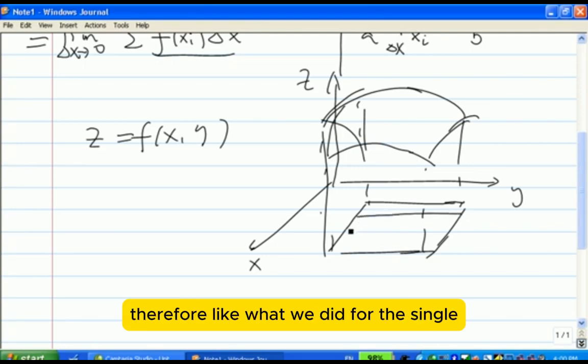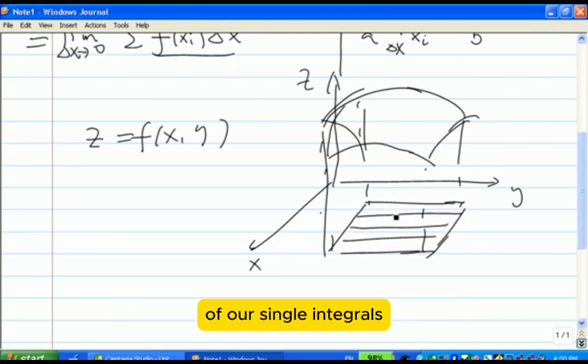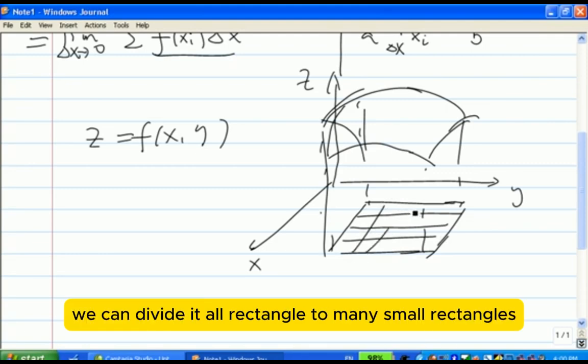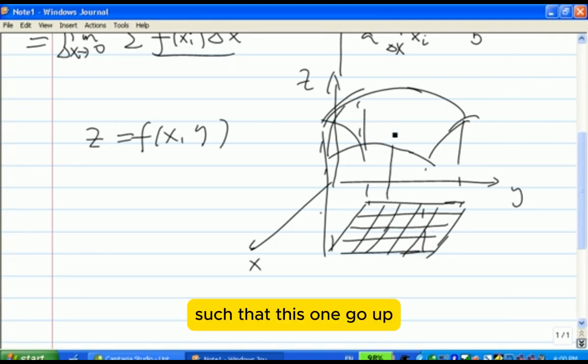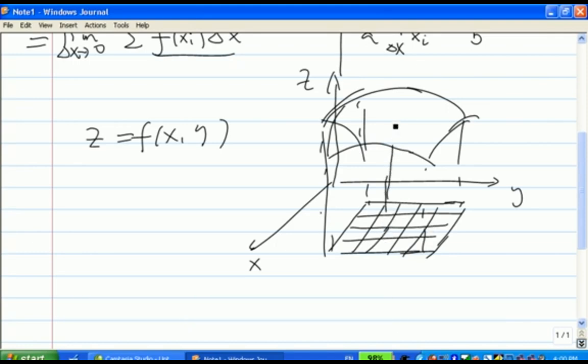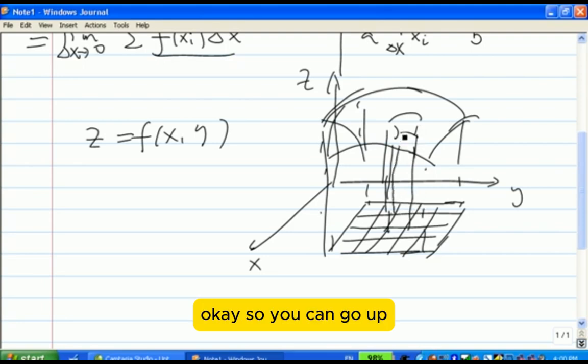Therefore, like what we did for the single integral, we can divide our rectangle into many small rectangles. Then you can go up, and you get something like that.